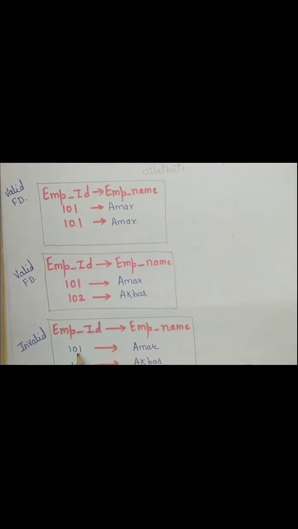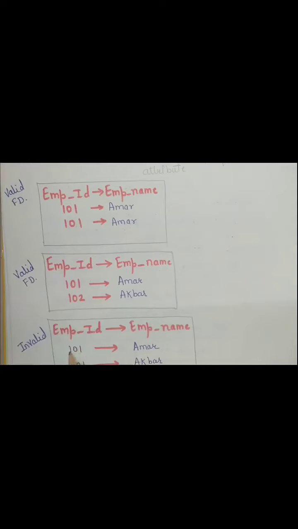Here 101 is determining Amar. Again 101 is determining Akbar. Is this possible guys? 101 is not uniquely determining any of the values over here. Neither is it uniquely determining Amar nor Akbar. So this is not a valid functional dependency.